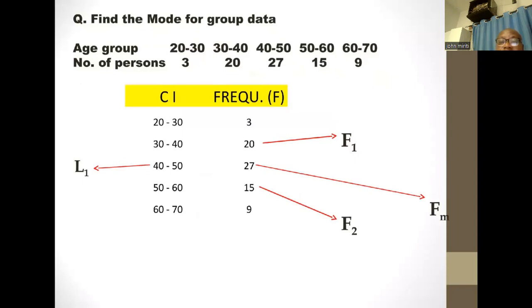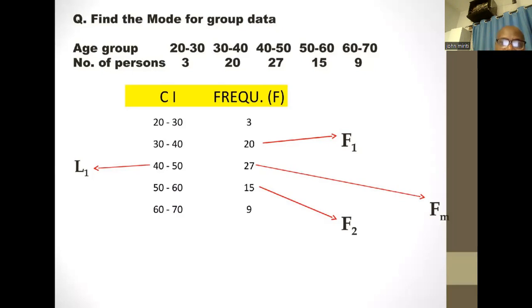In this case, you realize that the mode, the highest frequency, is in the class of 40 to 50. That means the mode lies in that class, at 27, because it is the one occurring most. So in the class of 40 to 50, the frequency occurring most is common. Now we have to put the formula there.